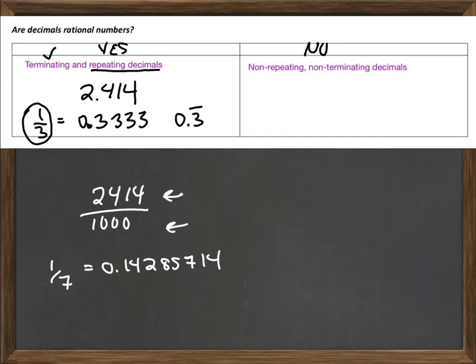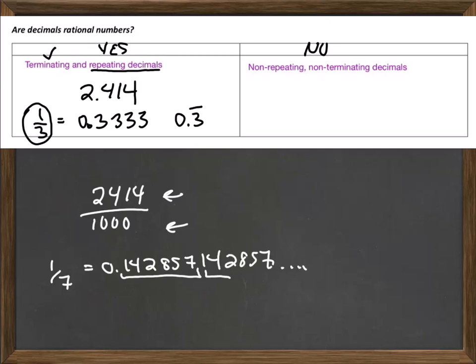When you do, you get 0.142857, and then it actually starts over. Of course, you would need a computer with many more decimal places to see that it just keeps going. So the pattern is 142857.